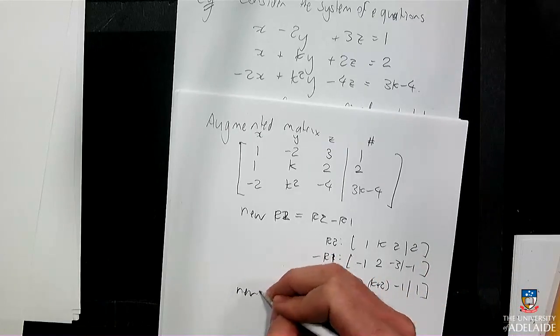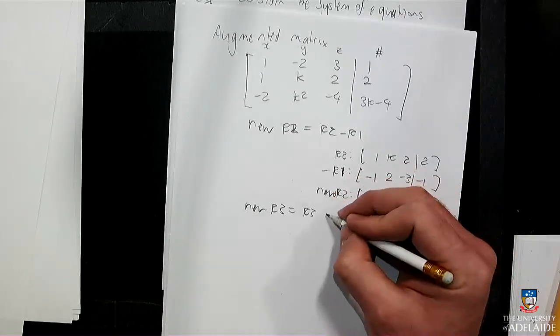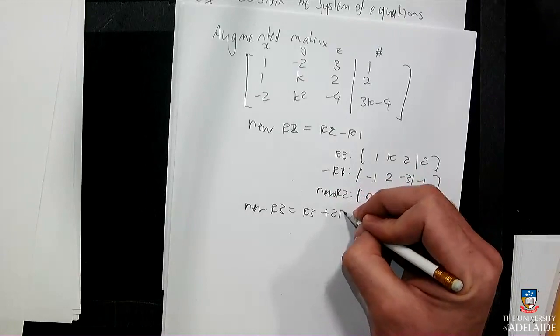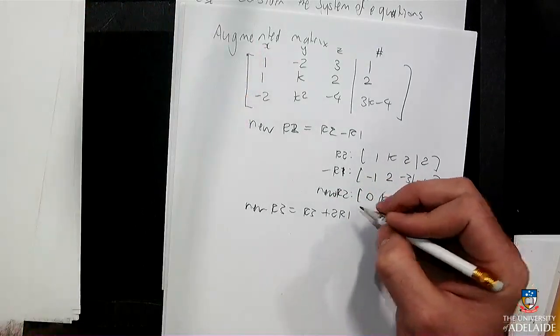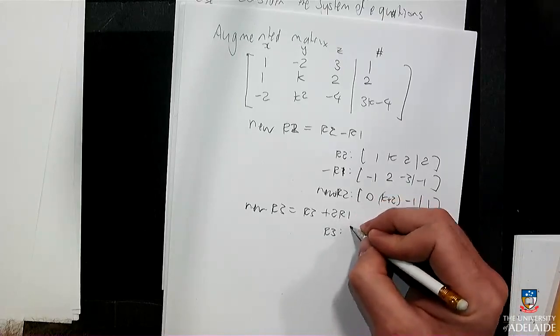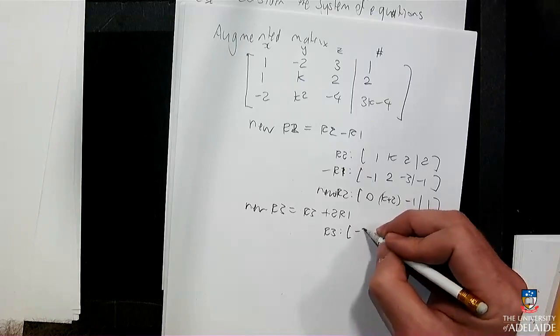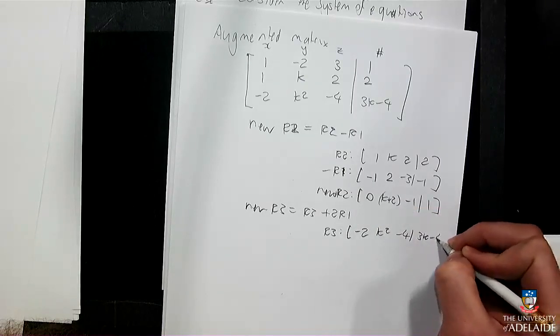And let's do the bottom row as well. My new row 3 is going to be row 3 plus 2 of row 1, because if we add on 2 times 1, we'll get a 0. And then all that plus 2 will have to carry on from everything else. So my current row 3 is minus 2, k squared, minus 4 and 3k minus 4.